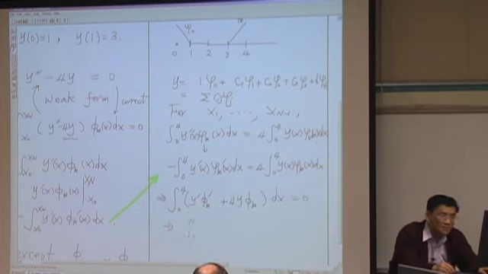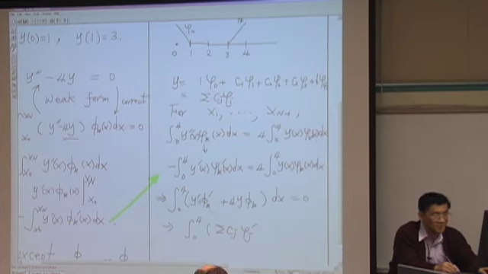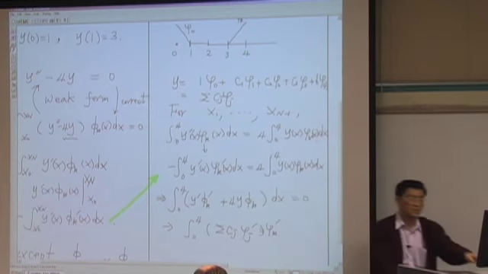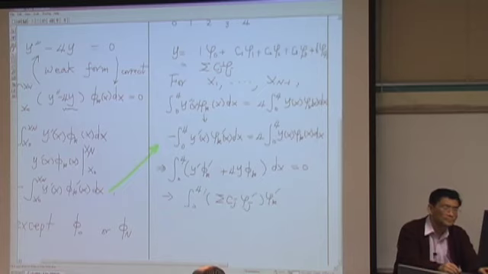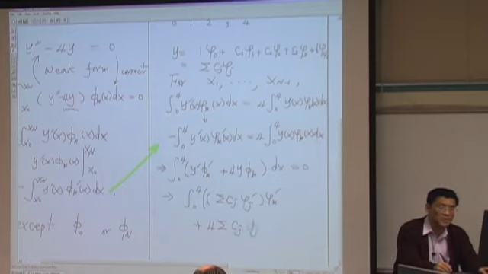From 0 to 4, y prime is sum c sub j p sub j prime, right? I differentiated this thing and then multiply by p sub k prime plus four y, which is replaced by this one, and then multiply by p sub k, and then dx equals 0.